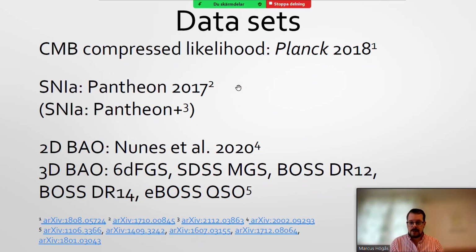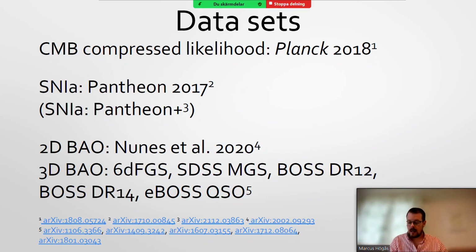But we're also working on implementing the latest Pantheon Plus dataset. And for BAO data, we will alternate between using 2D BAO as compiled in this reference here versus 3D BAO data from these sources here.